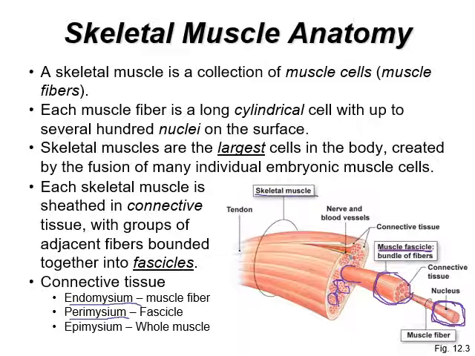And then there is the epimysium, the connective tissue component that wraps around the whole skeletal muscle. At the end of the muscle, that epimysium binds together to become the tendon, which is going to connect the skeletal muscle to the bones. So that's the connective tissue component of the muscle. There is both contractile tissue, the muscle fibers, and the connective tissue component that gives muscle some of its elasticity.